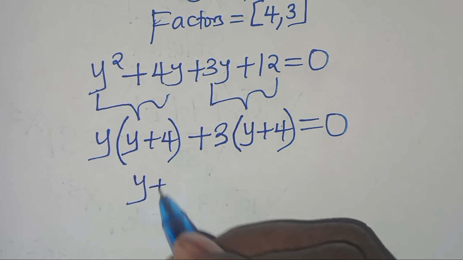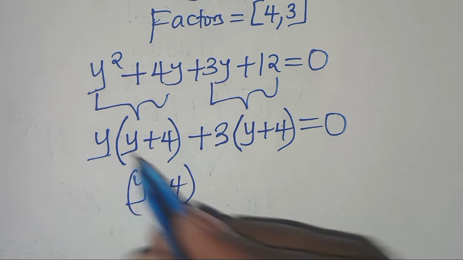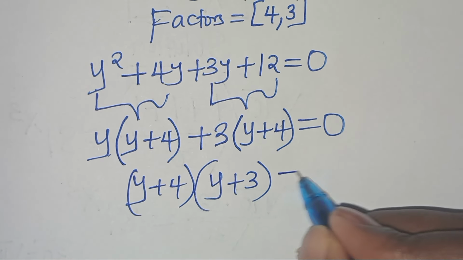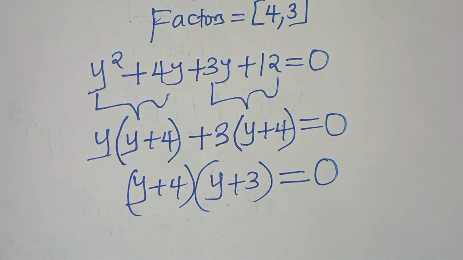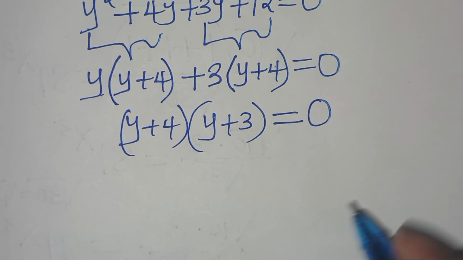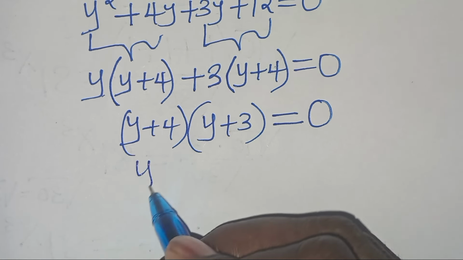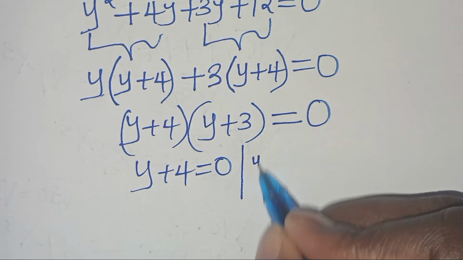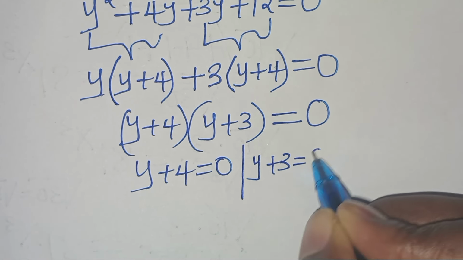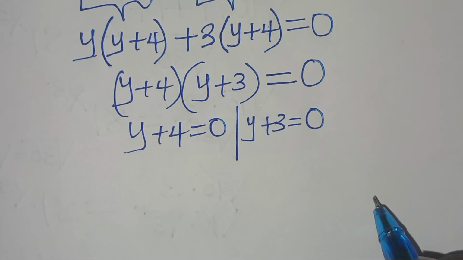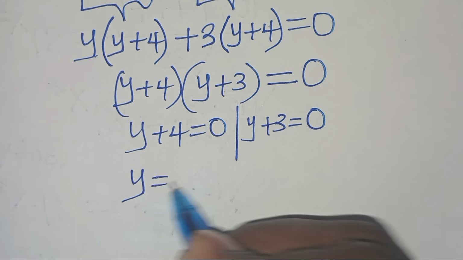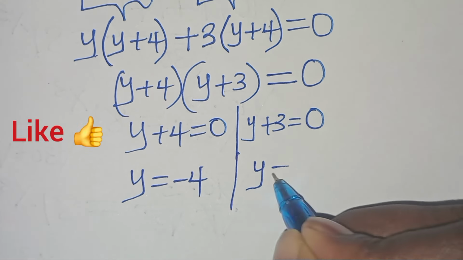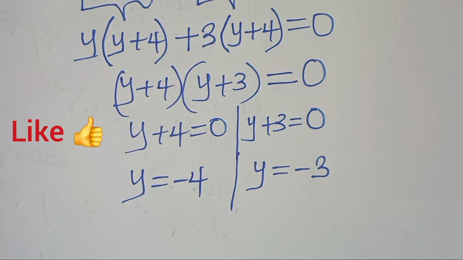So this is y plus 4 times y plus 3, equal to 0. So this means that y plus 4 is equal to 0, and we have y plus 3 equal to 0. So this means that y is equal to minus 4, and also we have that y is equal to minus 3.